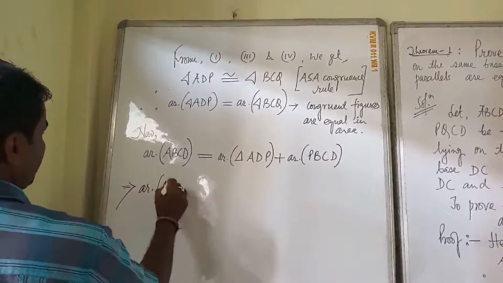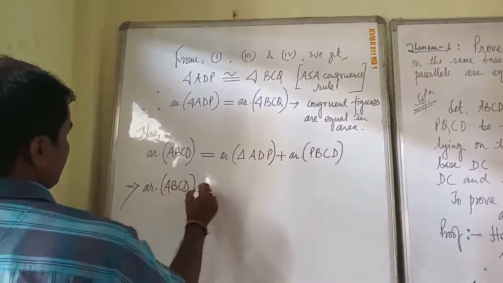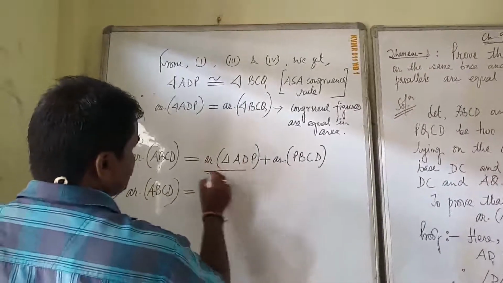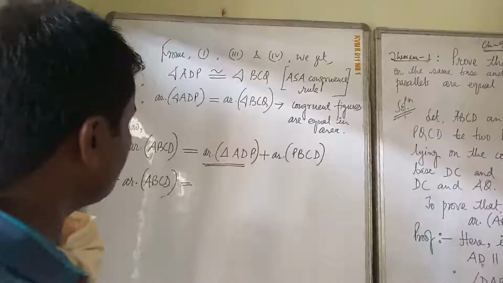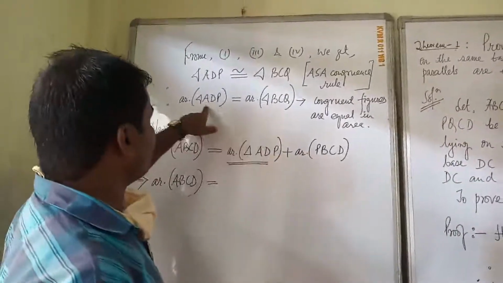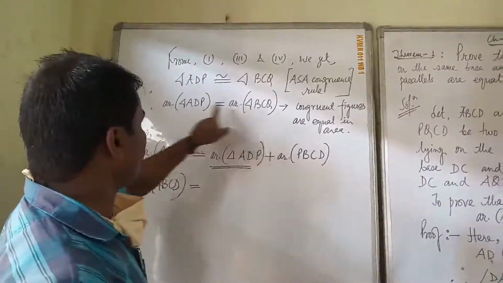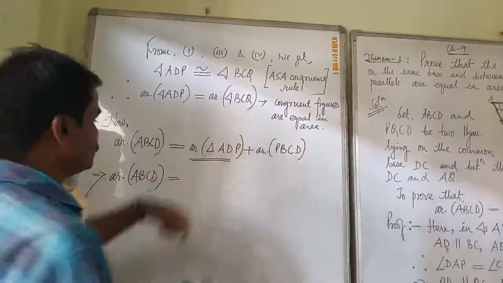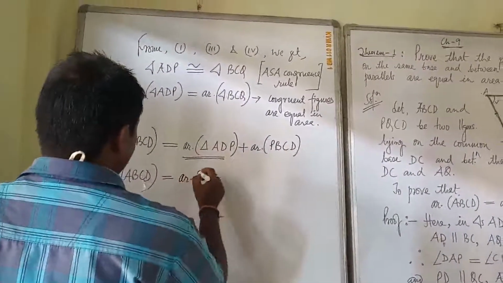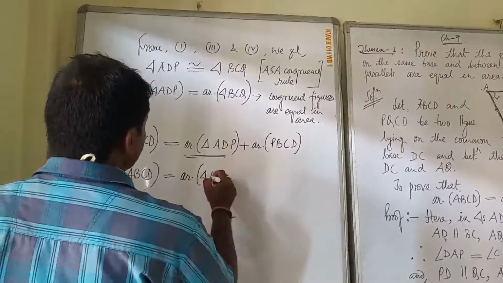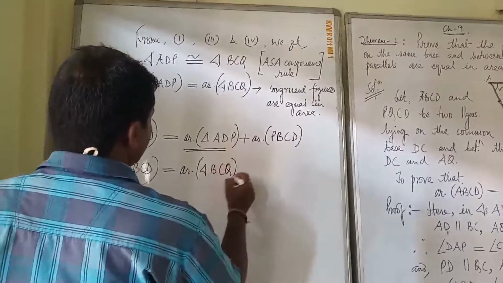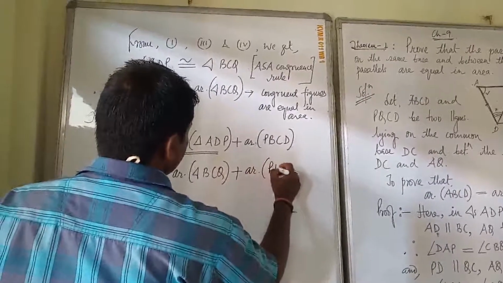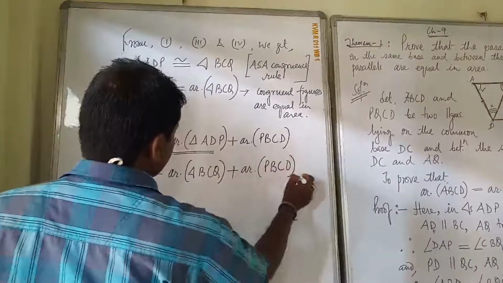Area of ABCD equal to this area of ADP. If we substitute from here, they are equal in area, ADP and BCQ. So in place of ADP, if we write BCQ, area of triangle BCQ plus PBCD.